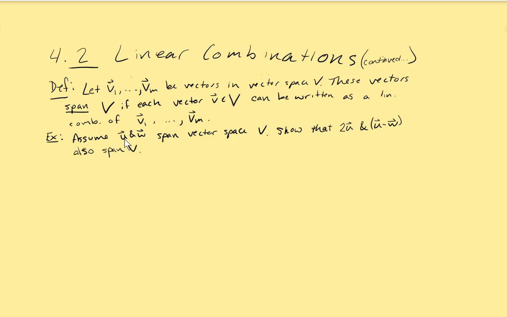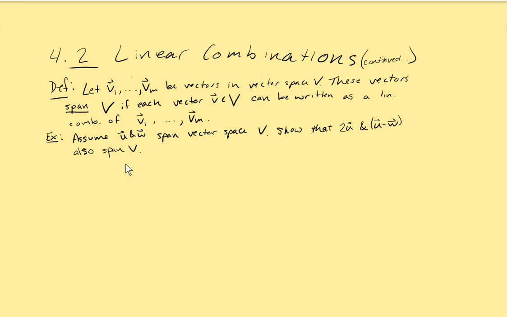Let's assume we have two vectors, u and w, that span a vector space V. Let's show that the vector 2u and the vector u minus w, taken together, also span V. The way I would look at this one is to start out by saying what we're really trying to do here.